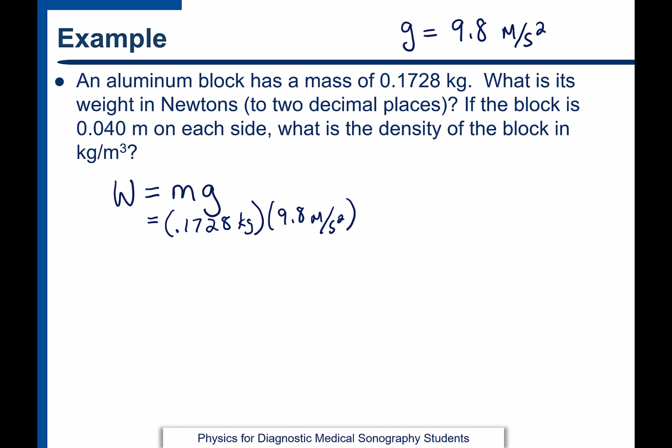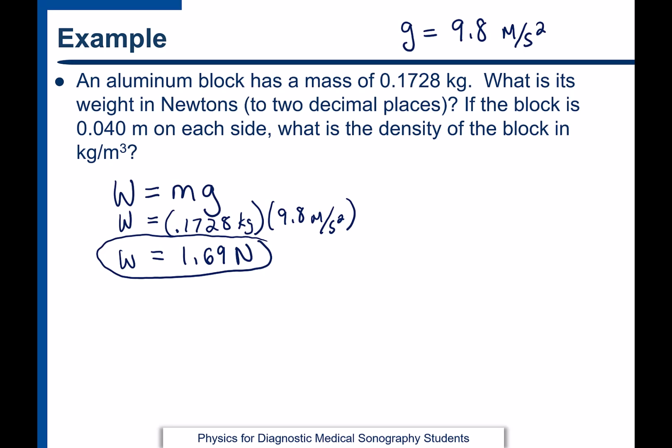And if you do that on your calculator and only keep 2 decimal places, you should get 1.69 newtons. So remember, when you take kilograms times meters per second squared, that is a newton, and so we can just replace those units with newtons. Okay, so that would be the weight of the object.